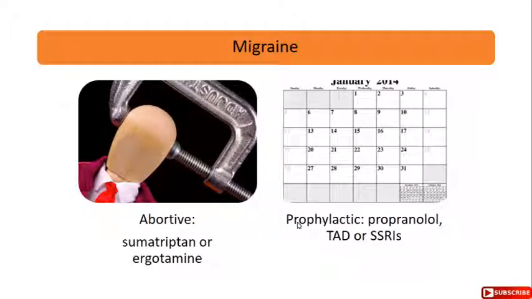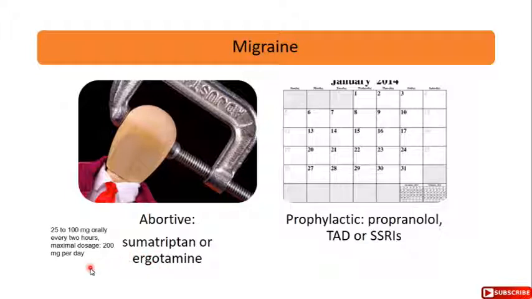Okay, so in the treatment you have two options. When you have the pain, like you're in really bad pain, feeling your head really bad, you have the abortive therapy. In this case, you can use sumatriptan or ergotamine. This is the dose for sumatriptan.